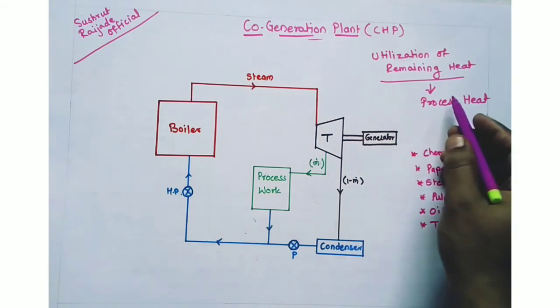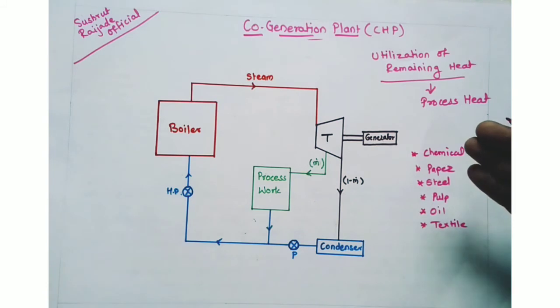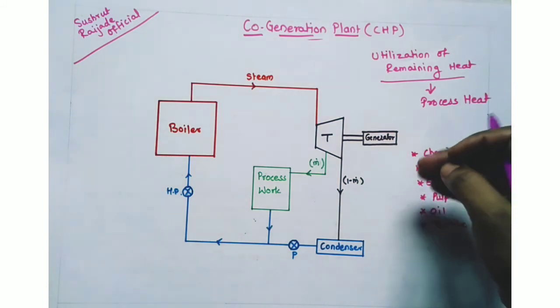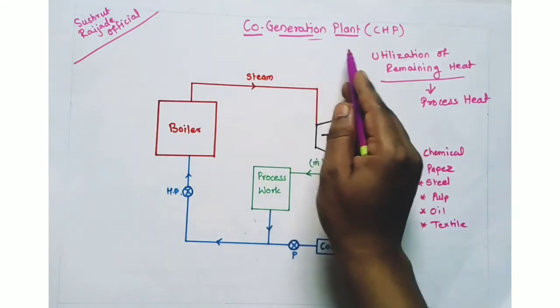That is called a cogeneration plant: the extracted steam is used for a particular process work, for particular applications.